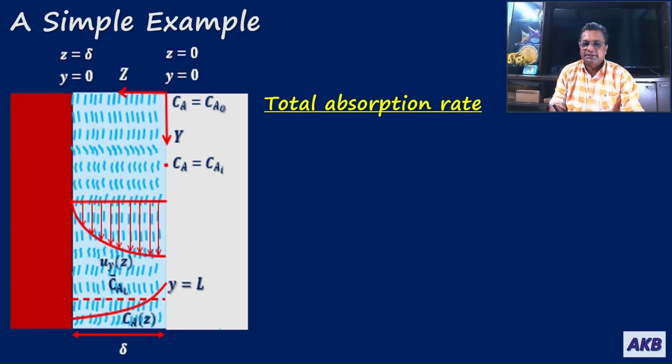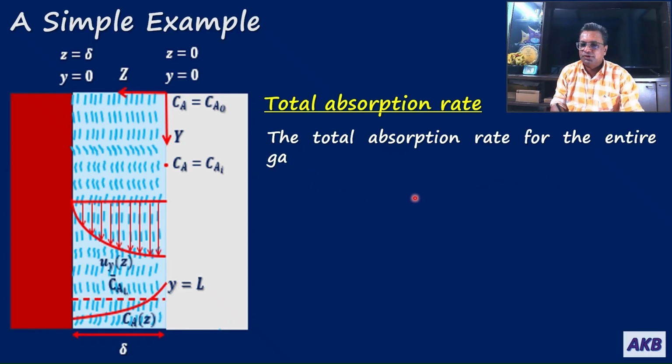Okay, now next we will find the total absorption rate for the entire gas liquid surface. So we are interested in finding out the rate of absorption that is taking place along the entire gas liquid surface.